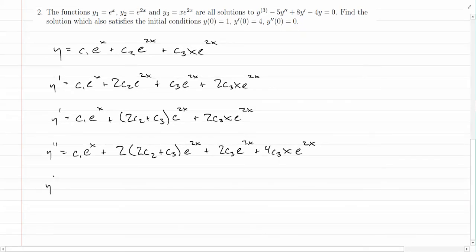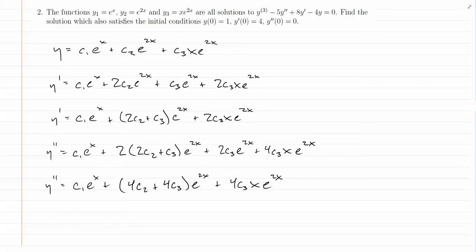And again, we could clean that up a little bit, because again, these middle two terms are like terms. So what's the coefficient of e to the 2x? It'd be 4c2 plus, we've got 2c3 here, and then another 2c3 here, so that's 4c3. And then we've got the last term too.